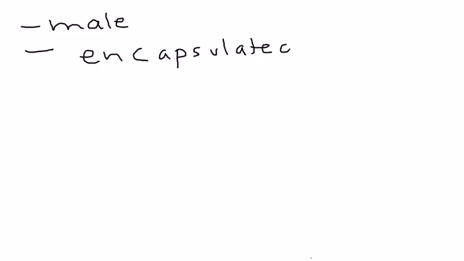All right, now let's get into the disease. Before I get into the symptoms and all that, I just want some key points. Male infants. And you're going to see this term on the licensing exam, encapsulated bacteria, or the types of infections they get. Why? Because those antibodies that you don't have, because you don't have the B cells, are responsible for fighting these encapsulated bacteria.